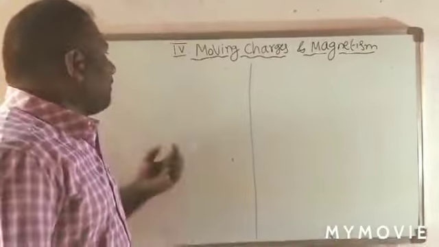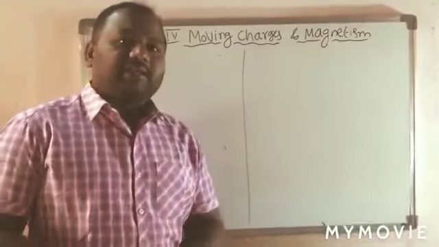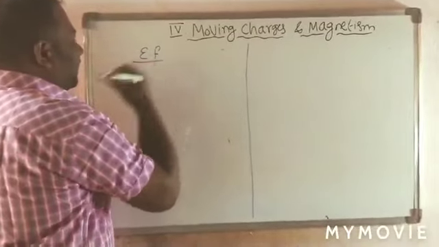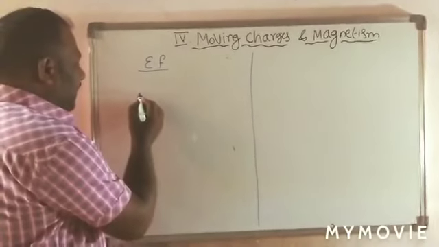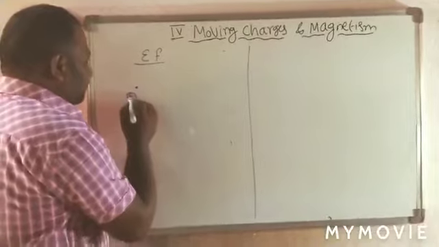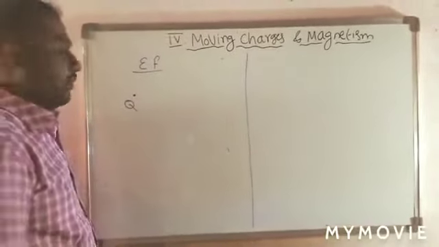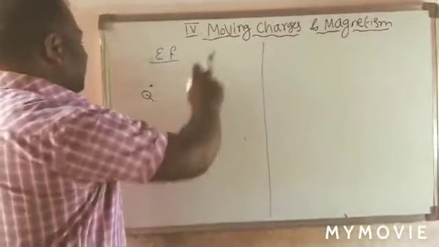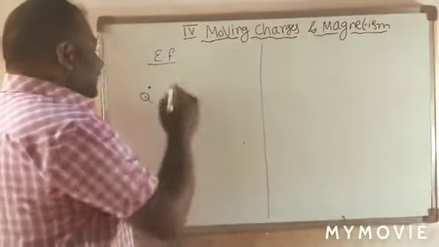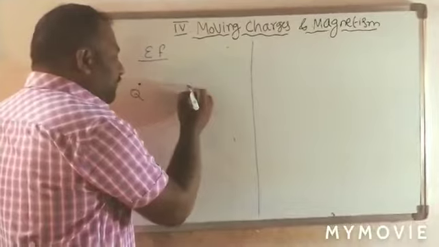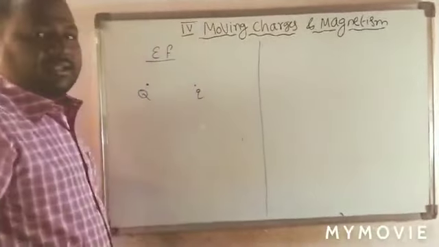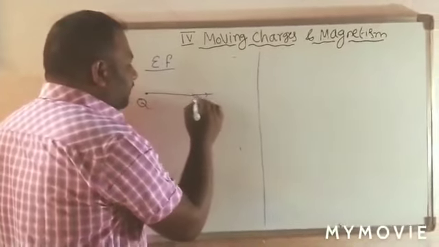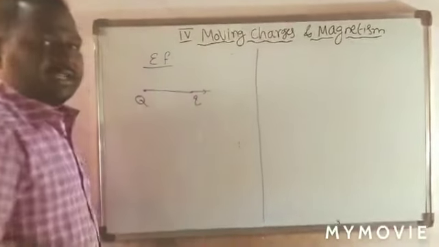Now we should compare the magnetic field and the electric field. You know that the electric field is this: I take a point charge Q, and around this point charge some lines of force will be there. That is the electric field. In that electric field, if you place a test charge q, then some force acts on this test charge.